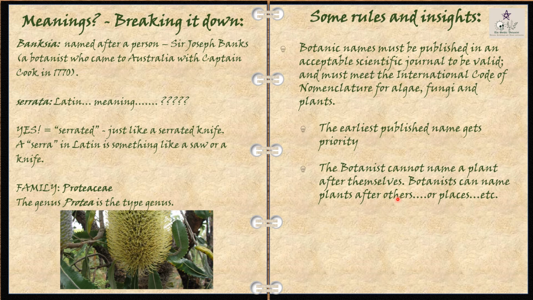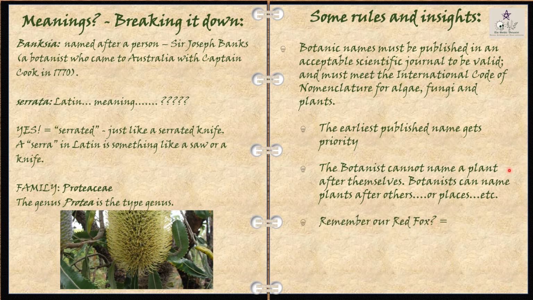You're allowed to do that, or you might name them after places. I do know a modern example where a botanist named a whole new genus after his wife, which, you know, nice touch. Some people might disagree with that, but that's what he did. So the botanists cannot name a plant after themselves. That's just something that some people believe.